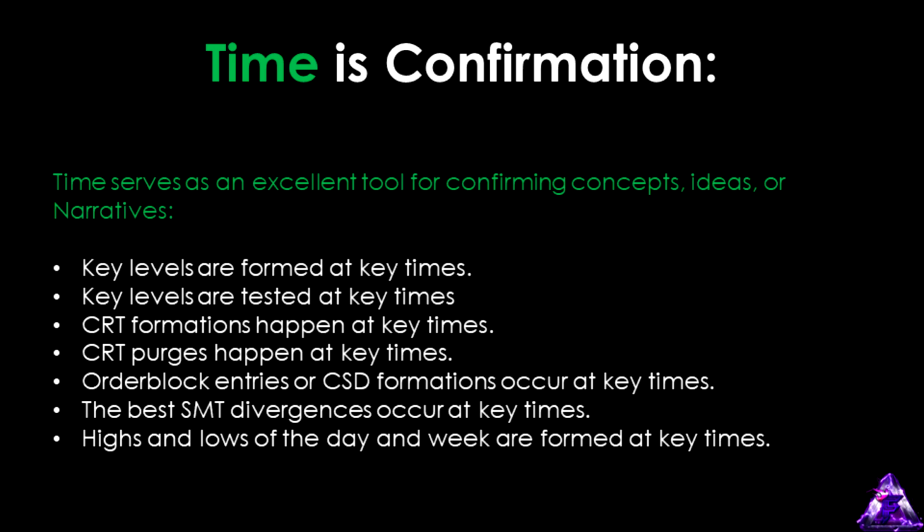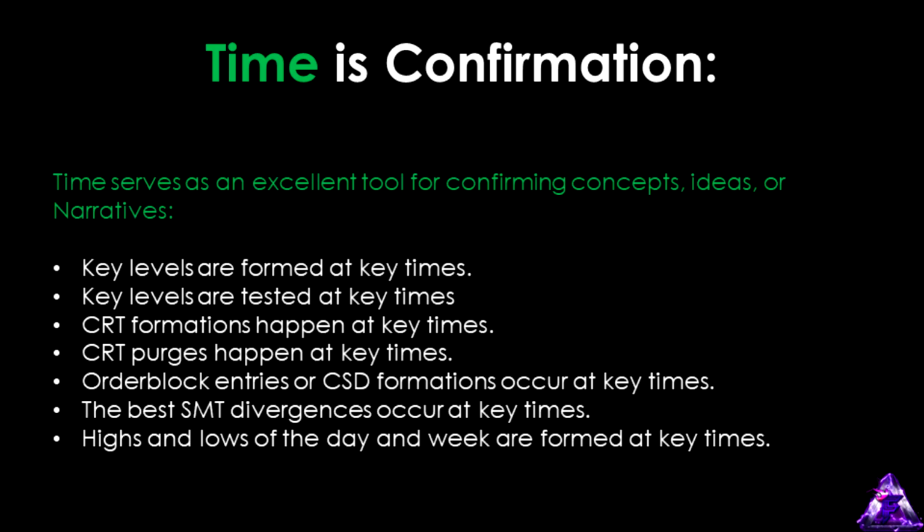I showed you an example earlier of how this works and why it matters. In the same way, CRT formations and purges happen at key times as well. CRTs occur across all timeframes, but to filter out low probability ones and focus on the higher quality ones, you need to use time as a filter.